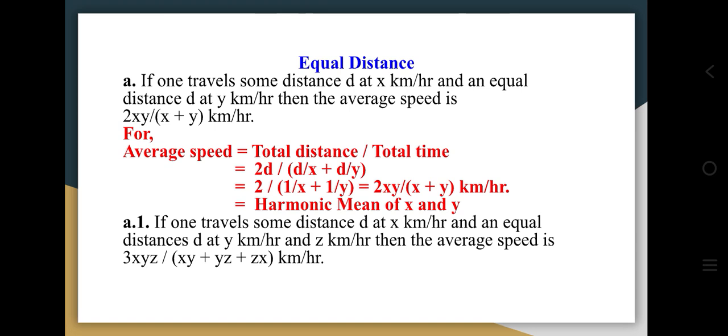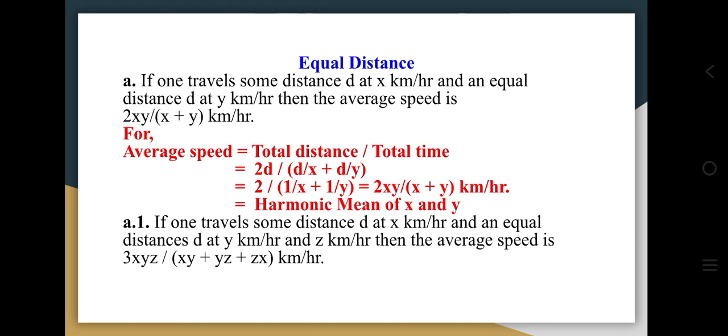So the distance is the same. The first speed is x kilometer per hour. The second speed is y kilometer per hour. We have to find the average speed. We know speed is distance by time, so the average speed is total distance travelled divided by total time taken.